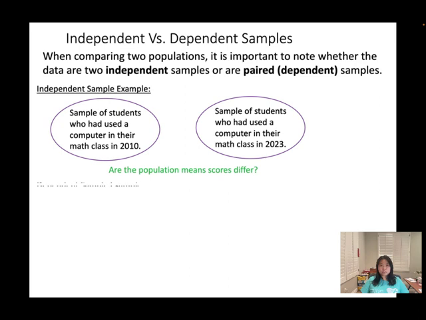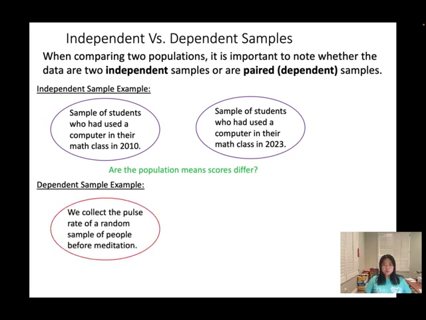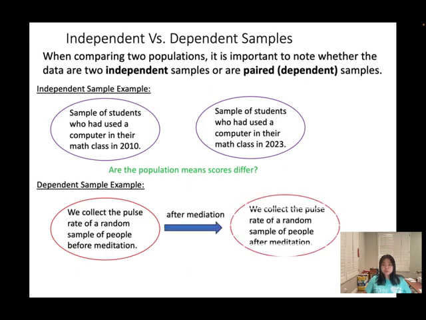Now, let's look at the dependent sample. Dependent samples we also call paired samples. We collect the pulse rate of a random sample of people before the meditation. After the meditation, we collect the pulse rate of a random sample of people after the meditation. So the samples come from the same group of people.